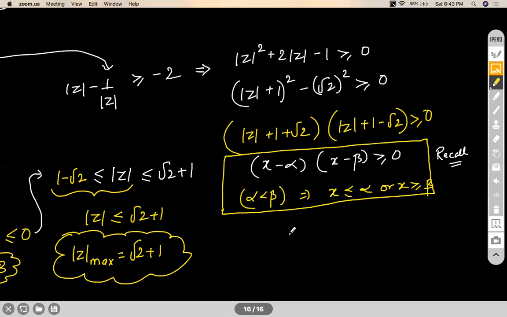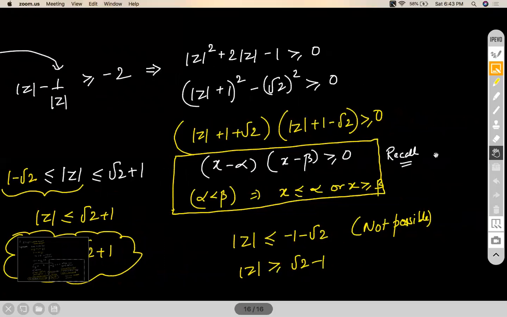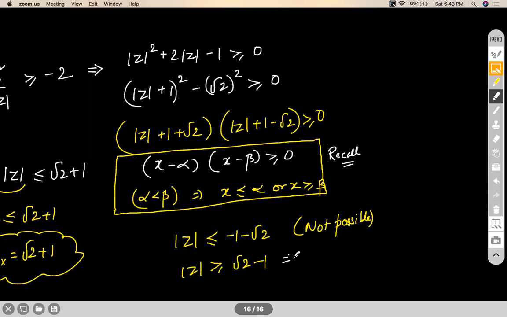So here I can say mod z is less than the lesser of the two. The lesser of the two will be minus 1 minus root 2, which is not possible, or mod z is greater than equal to root 2 minus 1. Now, if this is the possibility, it automatically implies that the minimum value is going to be root 2 minus 1.